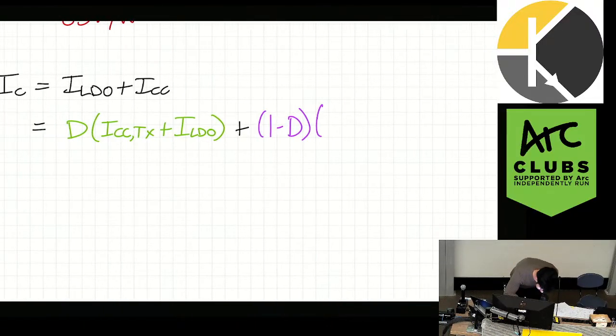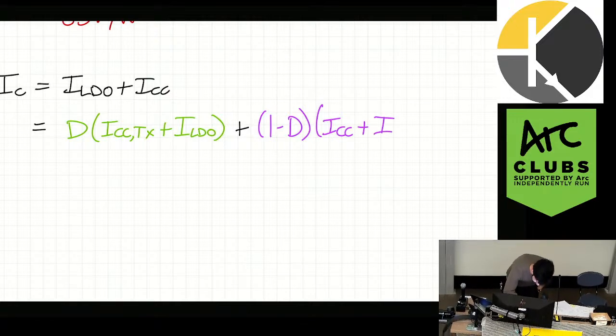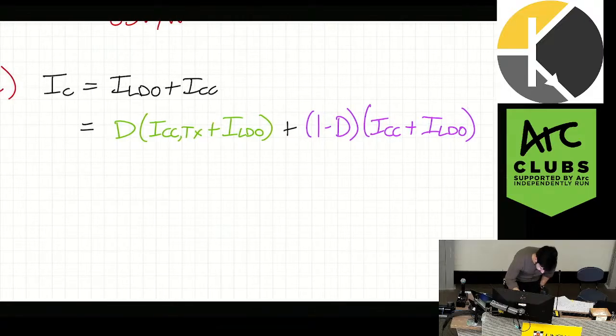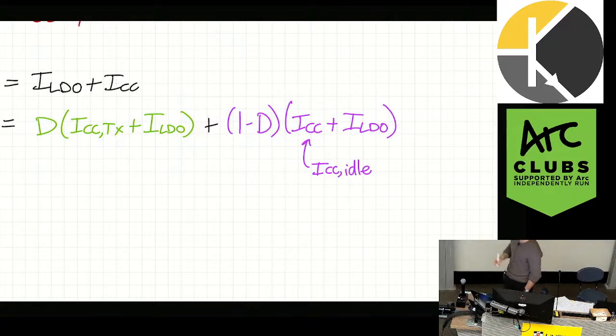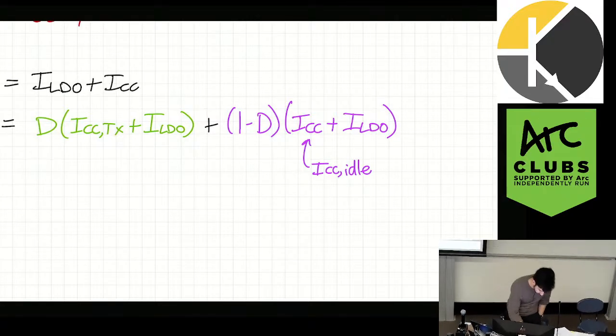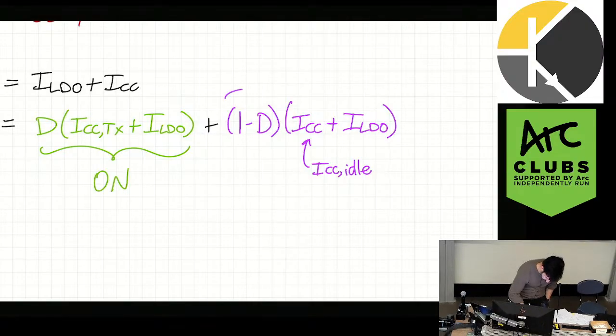And in this case, ICC is much lower, plus ILDO. And this current, sorry, I should have written, this is ICC idle. So we have the on and off case.